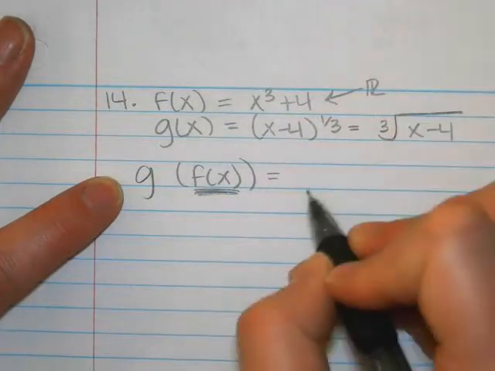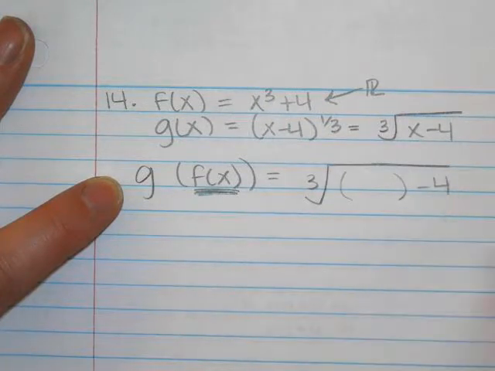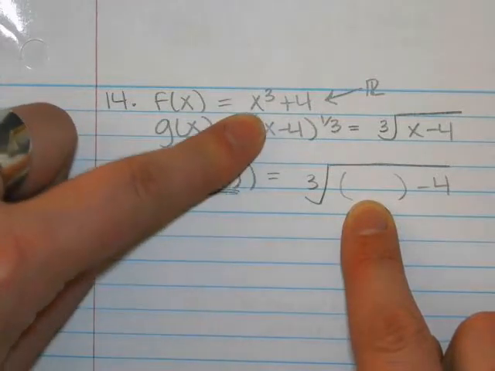So we're going to start with g, and I'm going to write the third root of x minus 4. And then the thing that I'm plugging into x is the other function, which is x to the third plus 4.